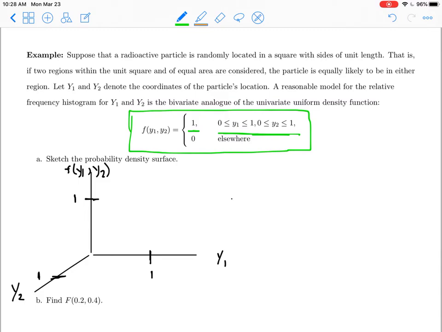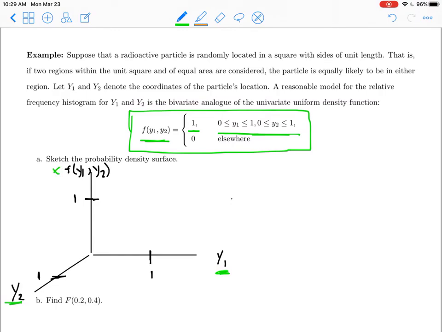So the first thing we're going to do is just sketch this surface. I'm terrible at drawing surfaces. I'm terrible at drawing in general, but let's give it a try. So here's our y1 axis, and here's our y2 axis. That vertical line represents the output of our function, little f of y1, y2, that density function.